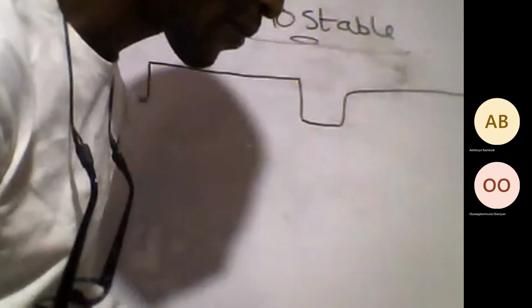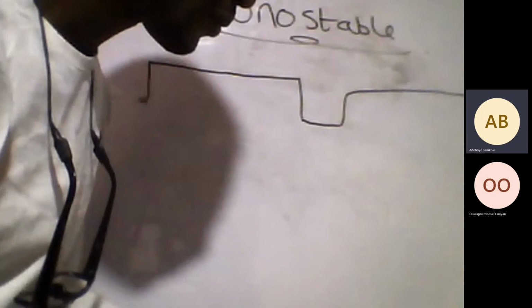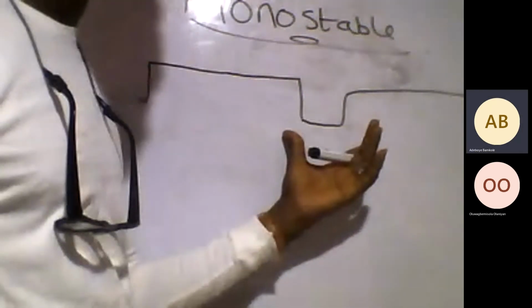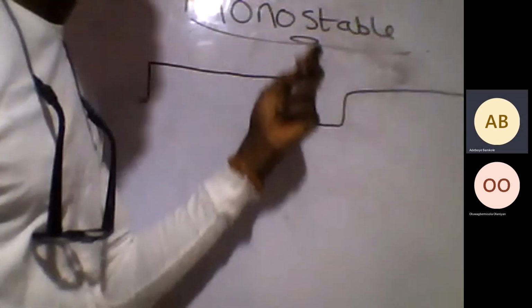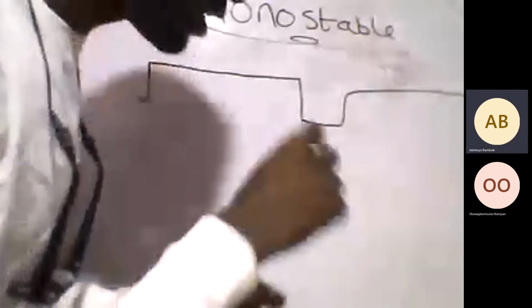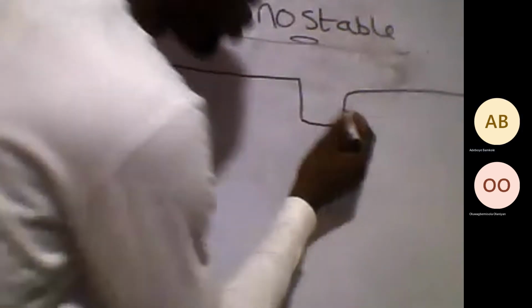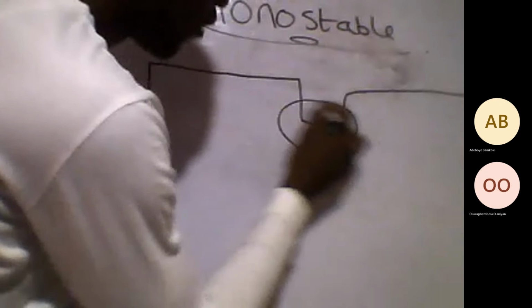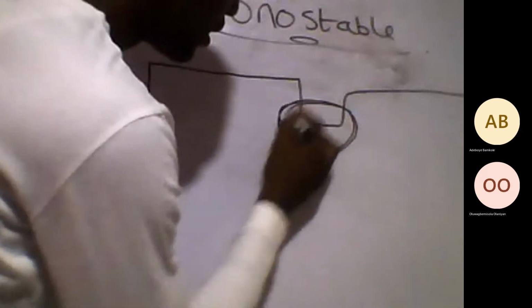Are we together? Yes, sir. So this is how it works. Outputs like this are called monostable. It is stable on its own, but then you trigger it, so that your stabilizer will not come on immediately. By disturbing it, the output will now go low for this period of time.